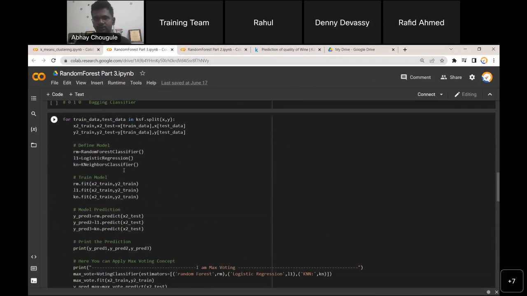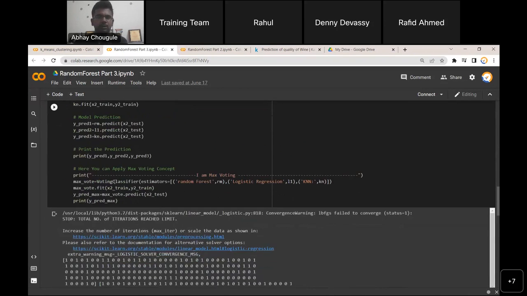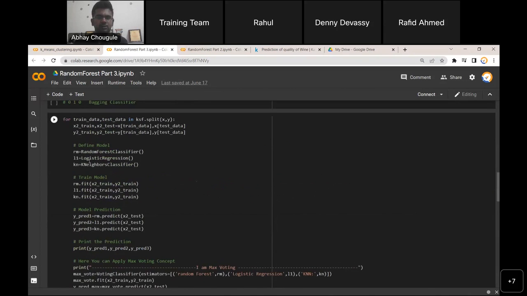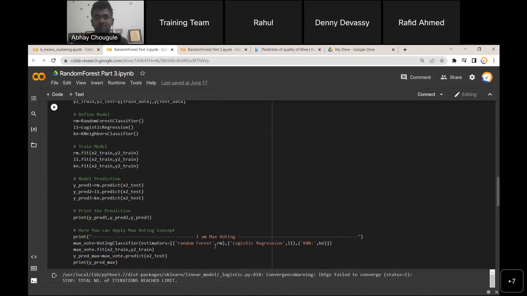Yes, correct or not? So you will get four algorithms. It doesn't matter whether you take one or four algorithms; you can pass any number of algorithms.